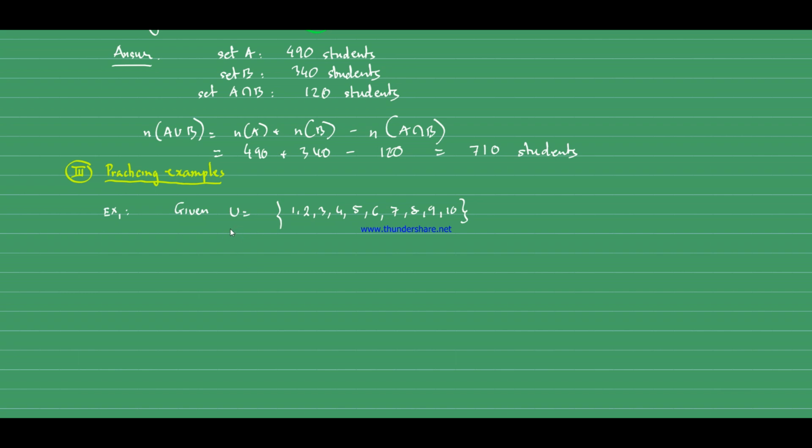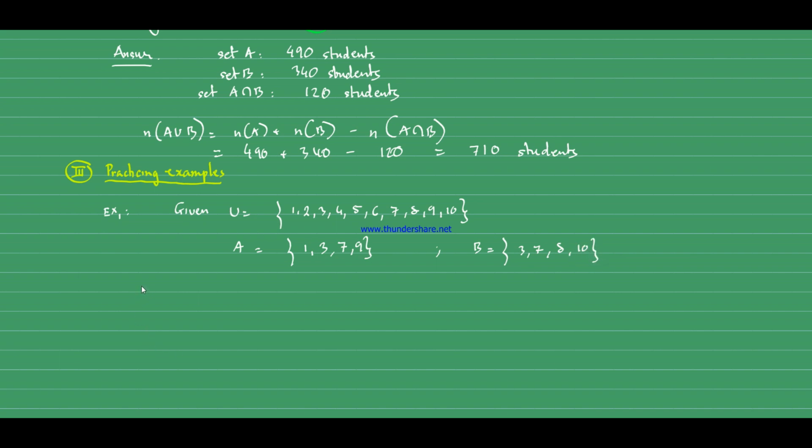I also give you set A, which is 1, 3, 7, 9. And set B is 3, 7, 8, 10.